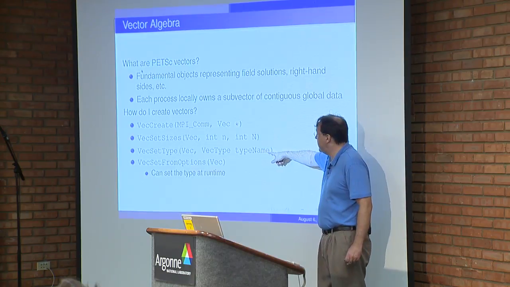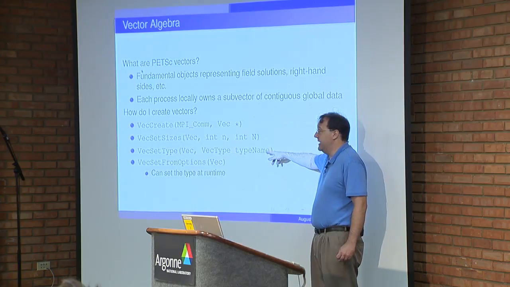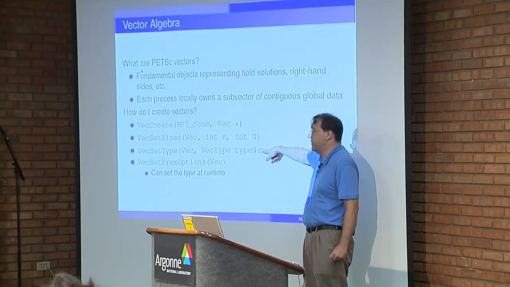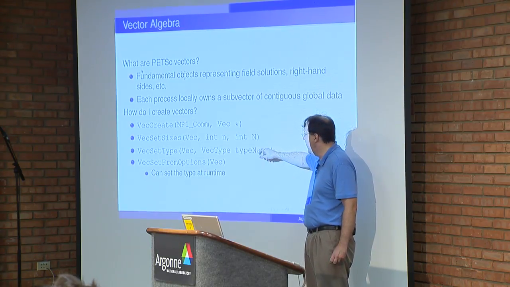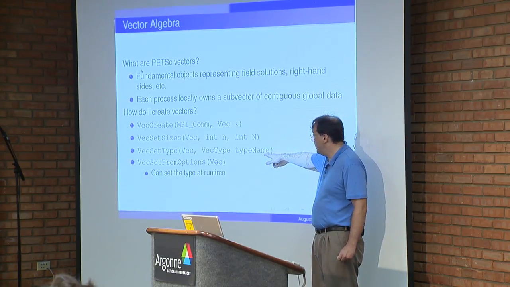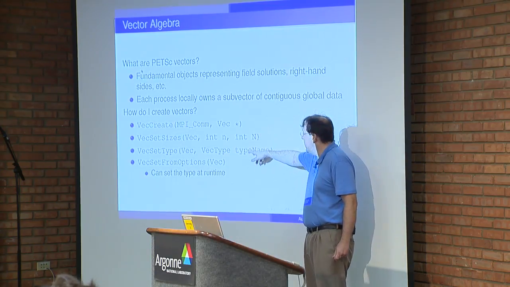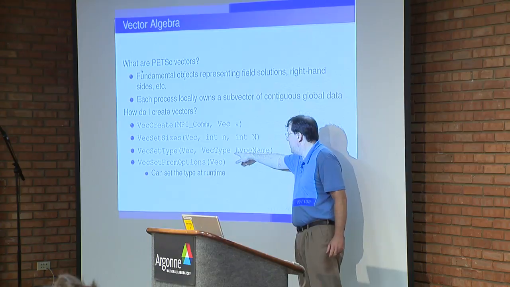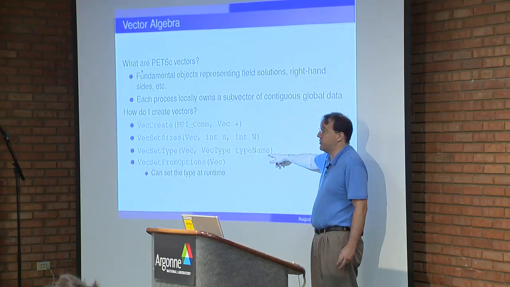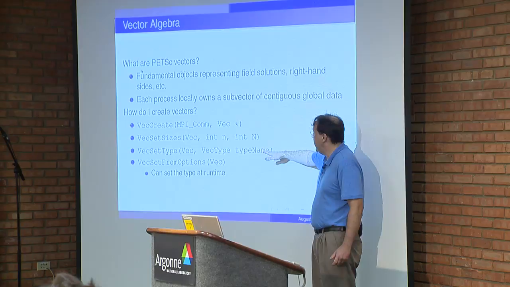So PETSc objects, if you're familiar with the term, are all delegator objects, in that it's really an object inside the vector that stores all the vector information and the vector object operates on it. So what this means is at runtime, you can choose what representation you want to use for the vector. You don't choose it at compile time, because when you pass in this type, which is just a string name, that's the point where PETSc actually creates the internal data structure and sets up all the function pointers for working with that vector. For vectors, it's not a big deal.